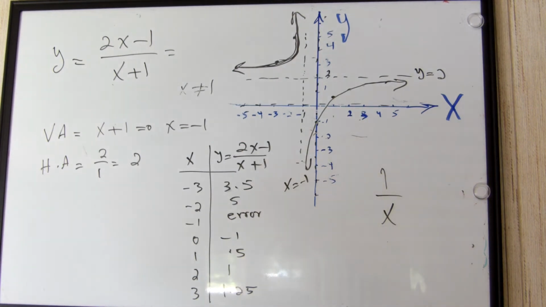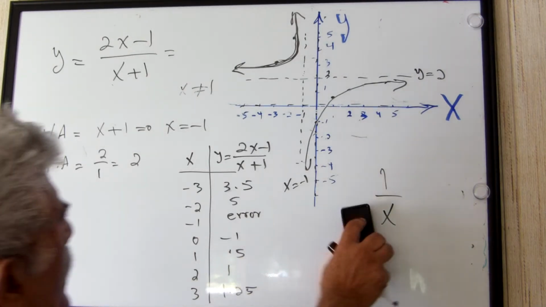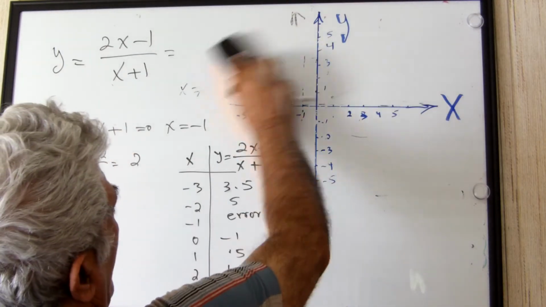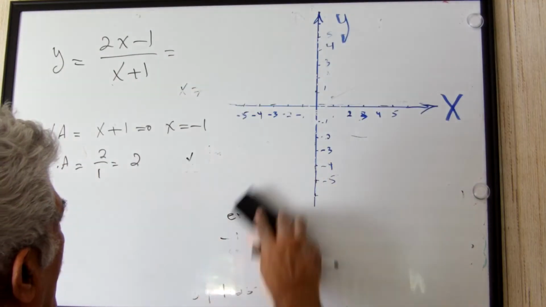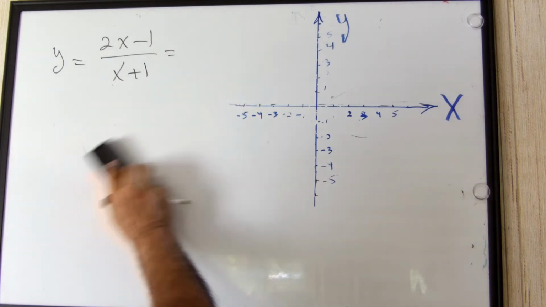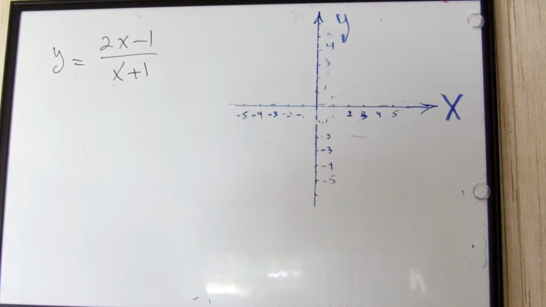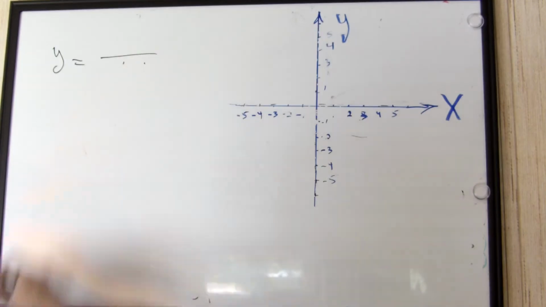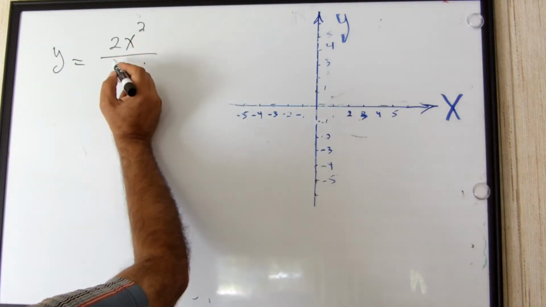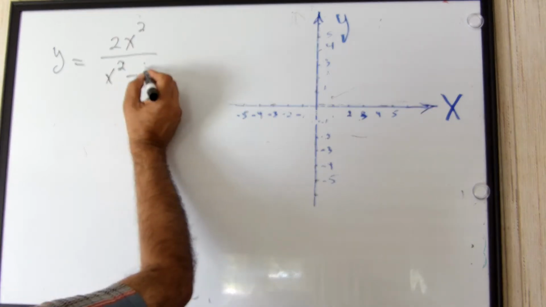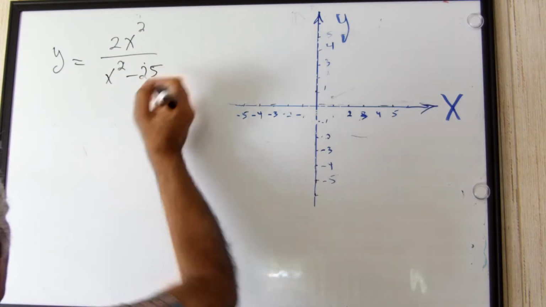Let's solve another example. Some examples here: 2x squared over x squared minus 25.